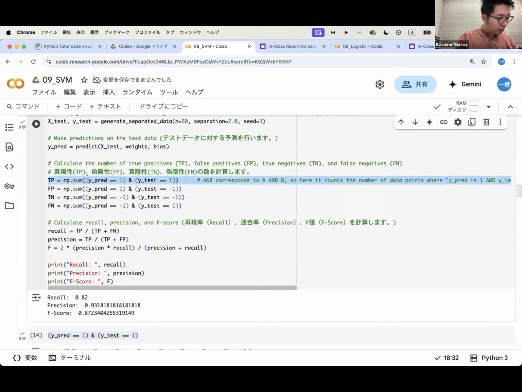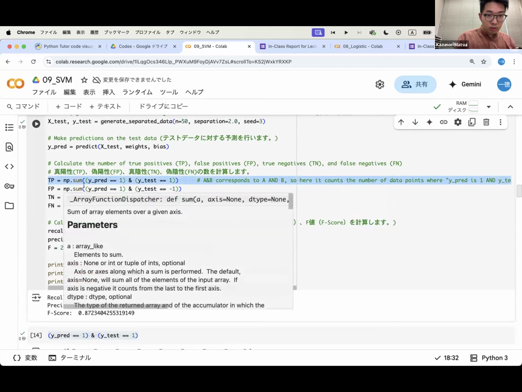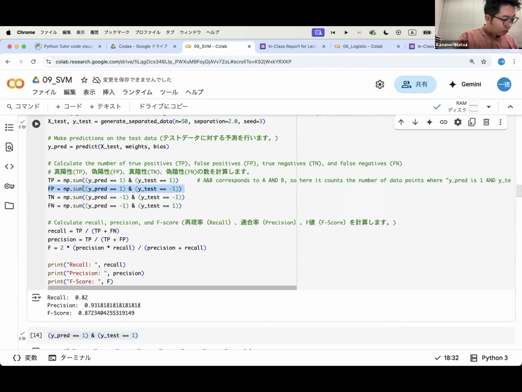This is the number of cases where it was predicted positive, but the actual data was not. That is, it was wrong. So this is the number of false positives.